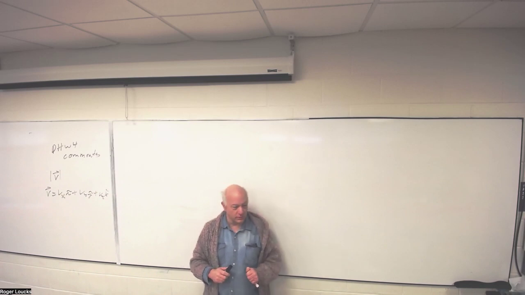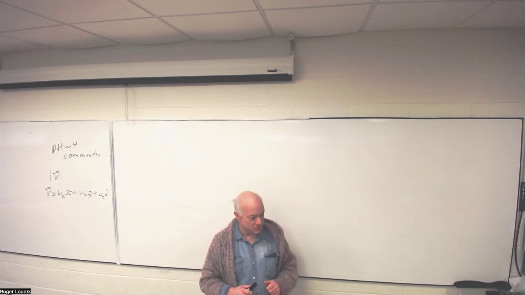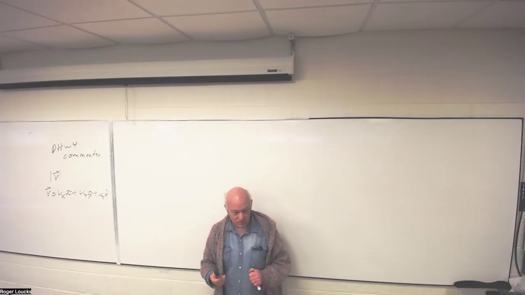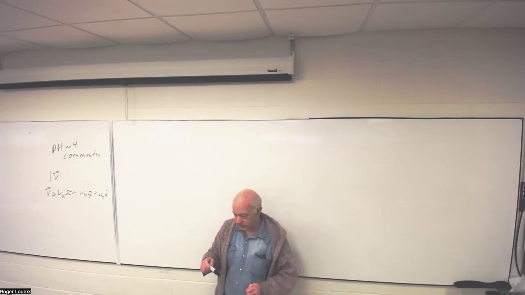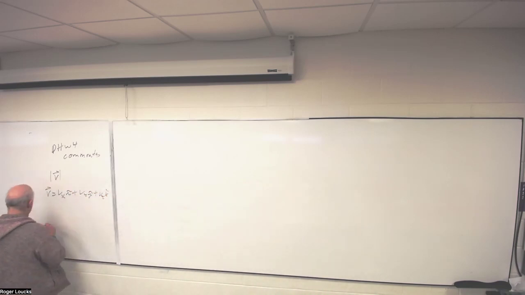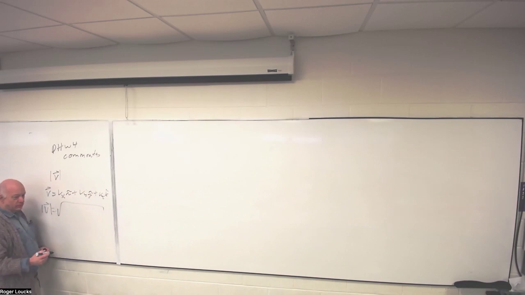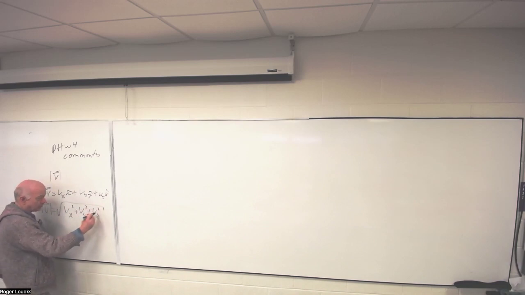The square root of Vx, Vy, Vz squared added together. Okay, so what is the square root of? Vx squared plus Vy squared plus Vz squared. That statement's true. Does that make sense?